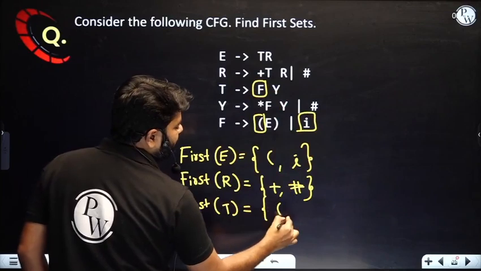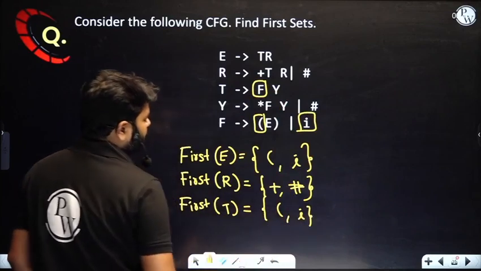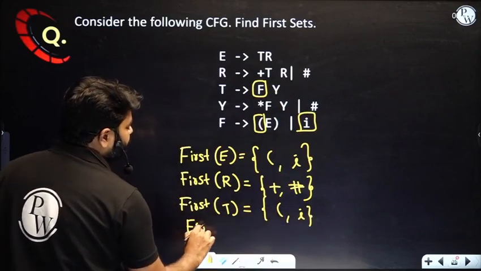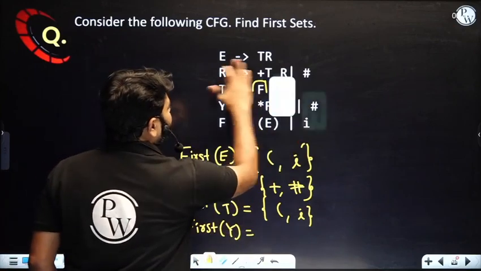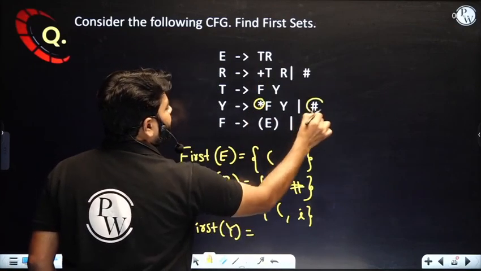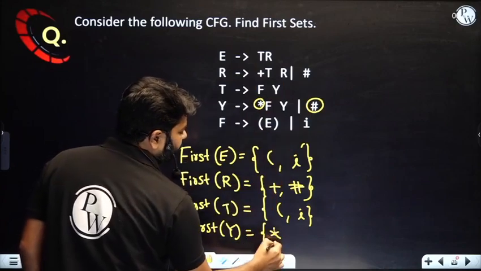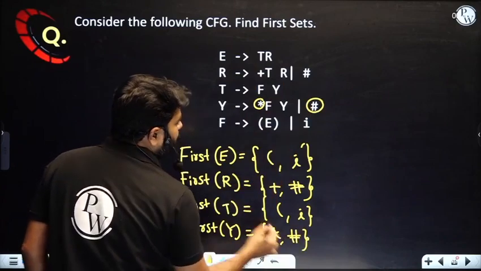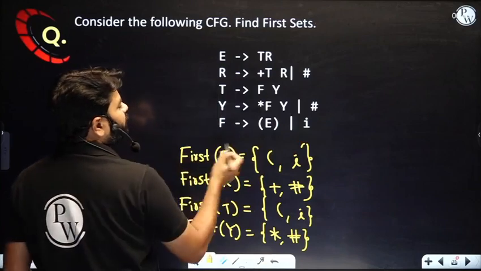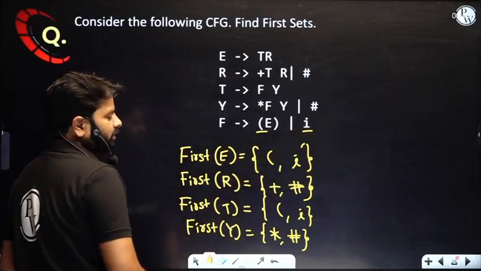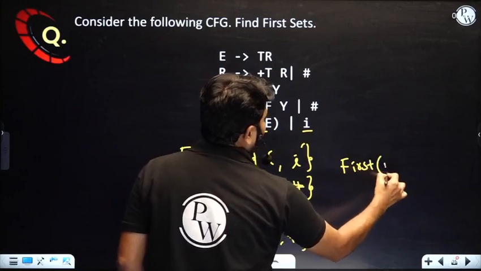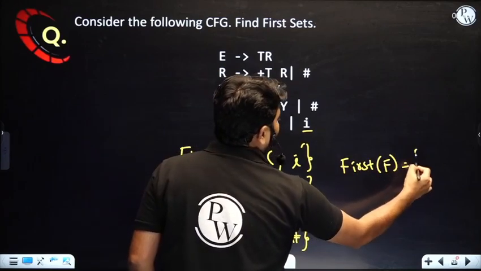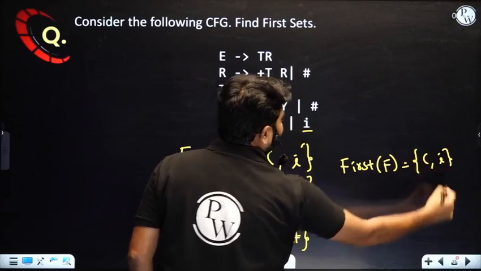That is open parenthesis, I. And what is the first of Y? Star and epsilon. What is the first of F? You already saw that, directly you can get open parenthesis and I. That is it.